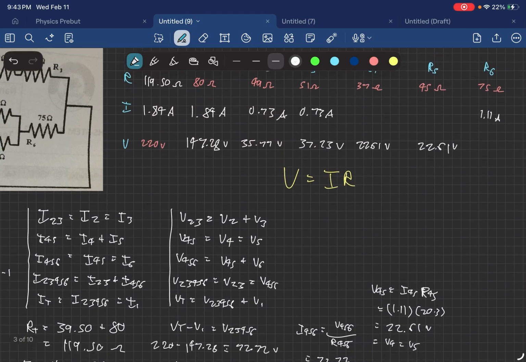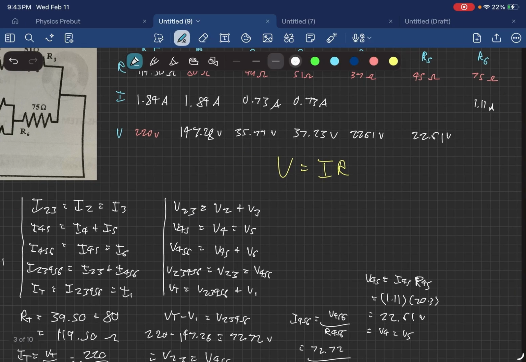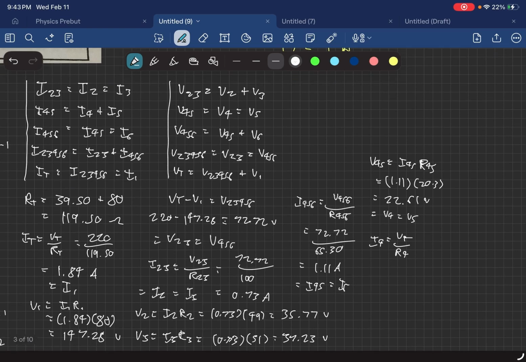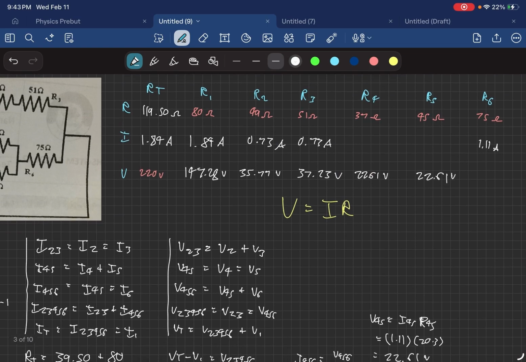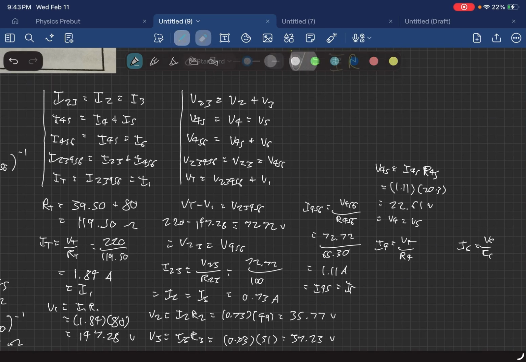Then what else can we do? These are pretty simple already. Just remember, I4 equals V4 over R4, then we also have I5 equal to V5 over R5. We also have our V6, which is equal to I6 times R6.